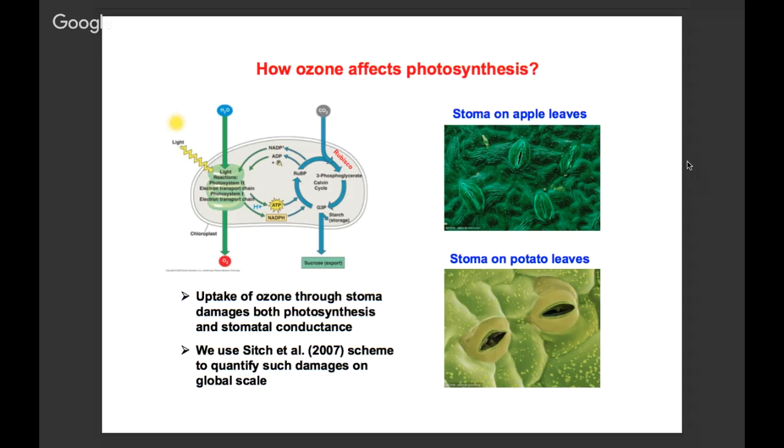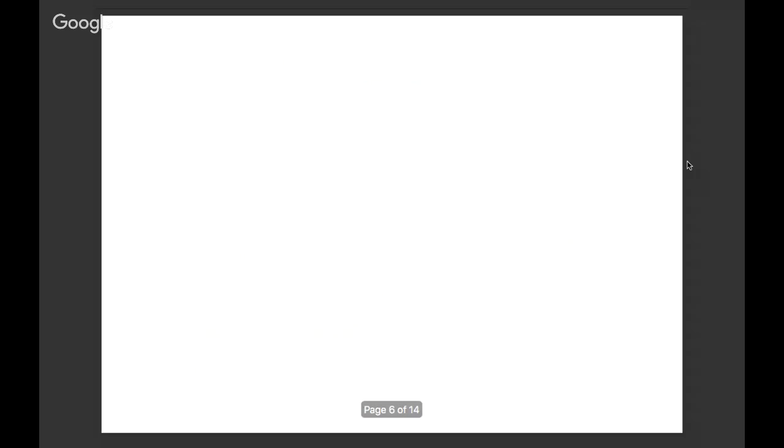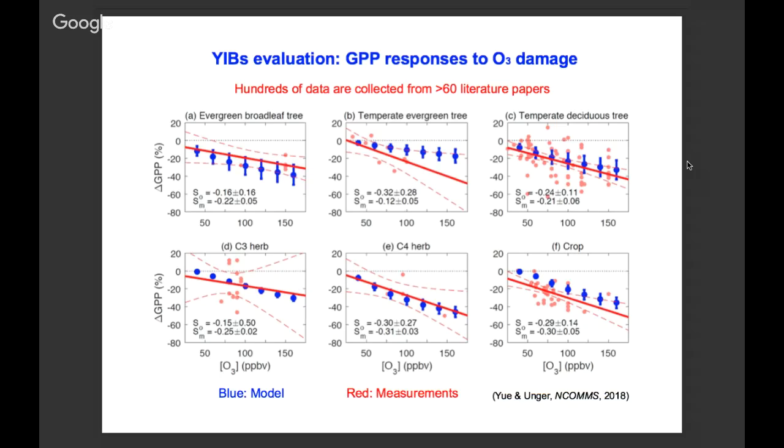Here, we do some evaluation of this scheme. We plot the GPP sensitivity to ozone for 6 main species, including evergreen broadleaf trees, temperate evergreen trees, temperate deciduous trees, C3 and C4 herbs, and also crops. The blue point is the model simulation, and each red point is observation from literature.